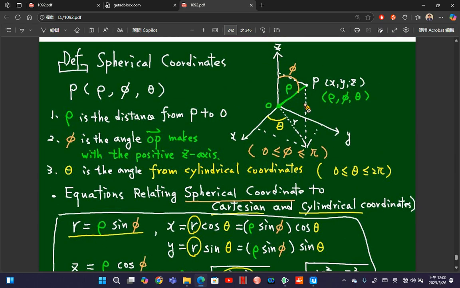So the height will be converted as rho times cosine phi, so that you can get the height.